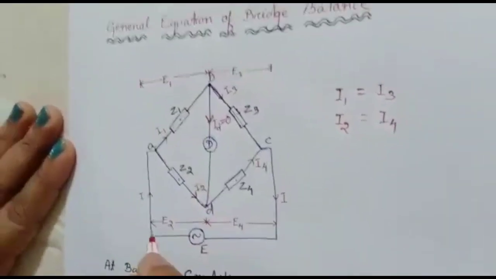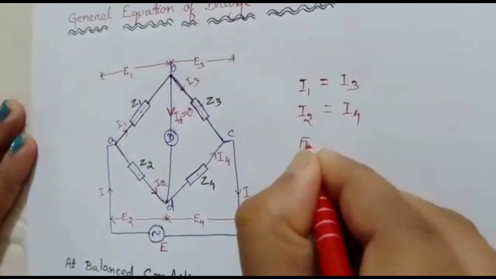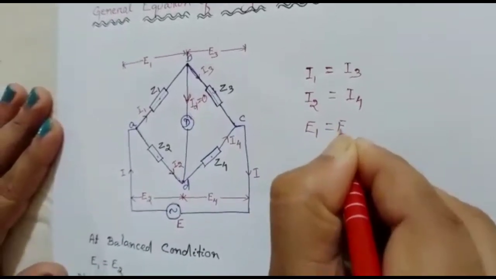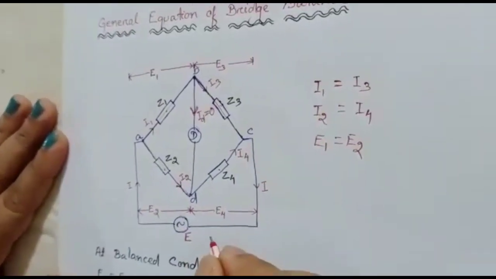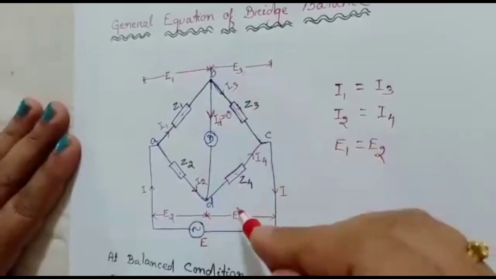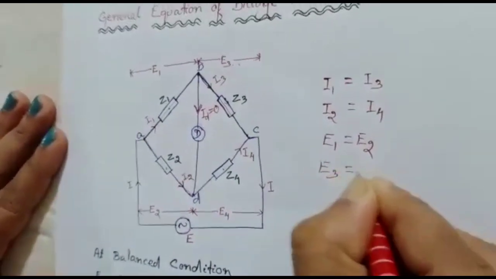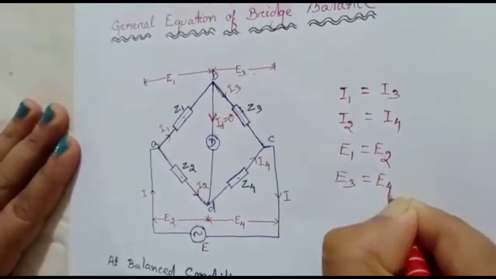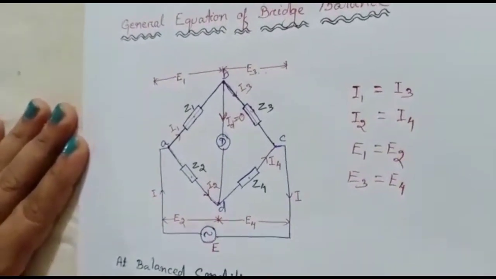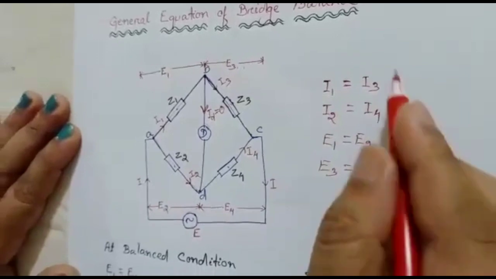So E1 must be equal to E2, and similarly E3 must be equal to E4. These are the conditions for bridge balance.